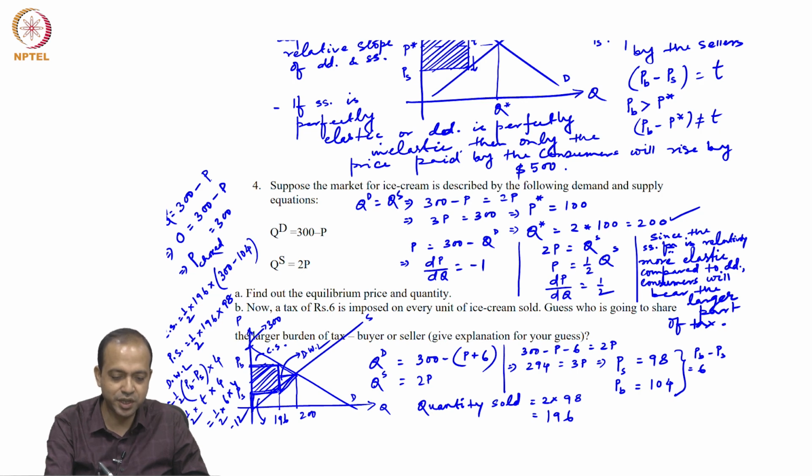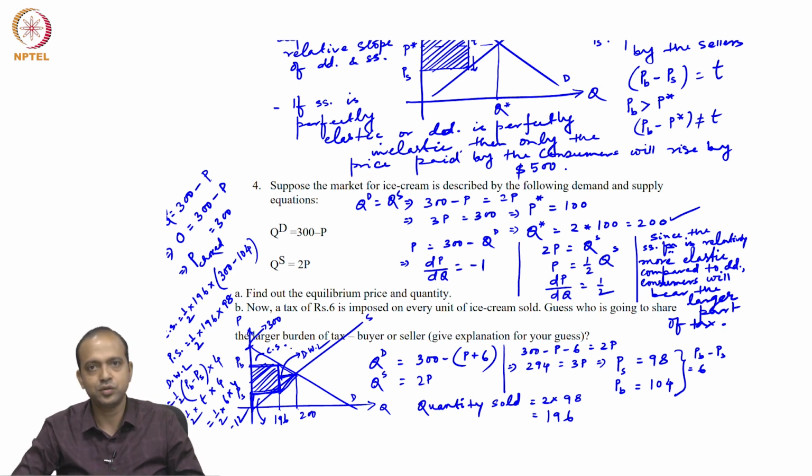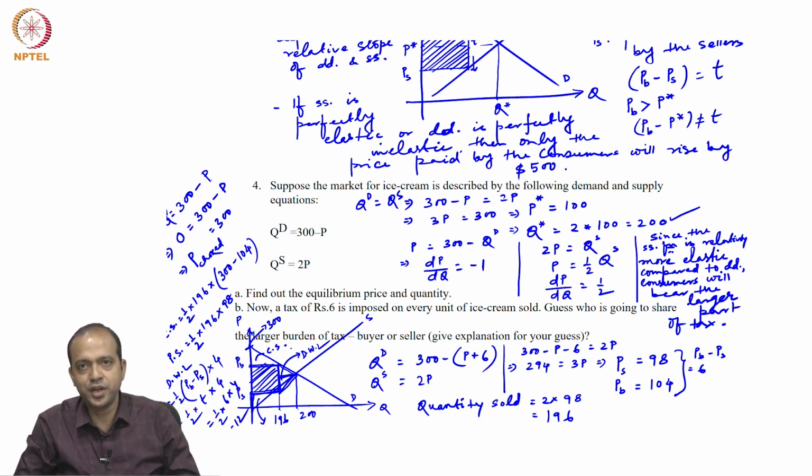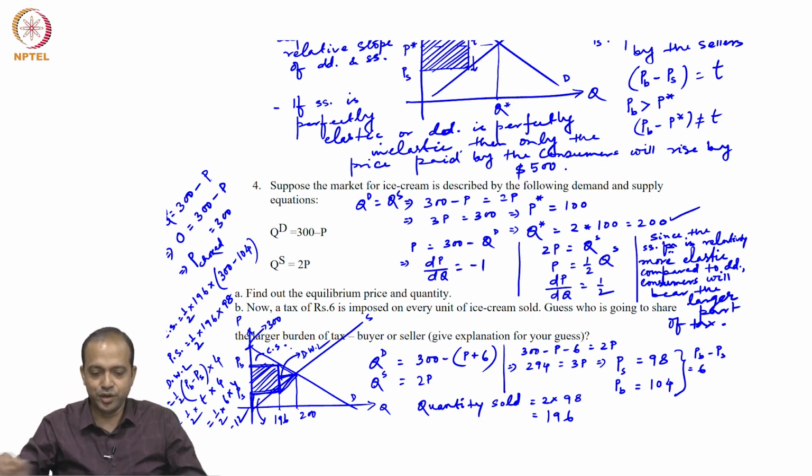Half into the base, and the base is nothing but the difference between PB and PS, which is the tax amount. The height is nothing but the quantity sold pre-taxation minus the quantity sold post-taxation, which is 4. So, this is how you can find out the deadweight loss.